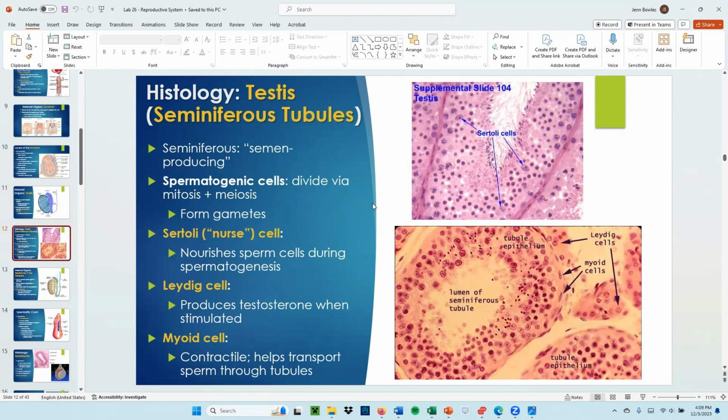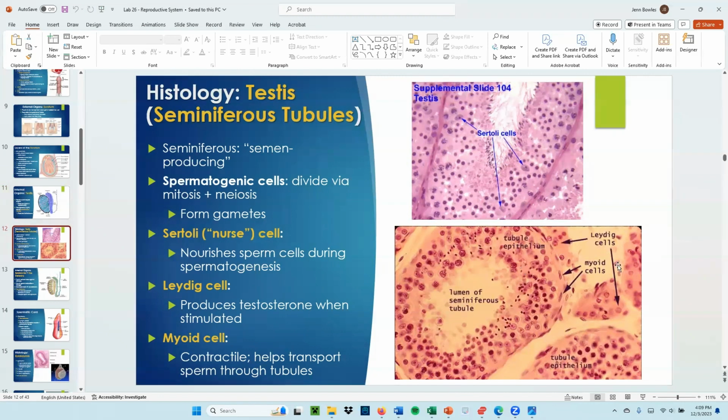These are seminiferous tubules. So these are where sperm are going to be formed. There are several types of cells that are helping to nourish those sperm cells, or they're also producing sex hormones. So we see some of those surrounding the seminiferous tubule. Nurse cells or Sertoli cells will be found in here. Don't worry about identifying those under a slide. That's just extra information. But they are nurturing and nourishing these sperm cells during development.